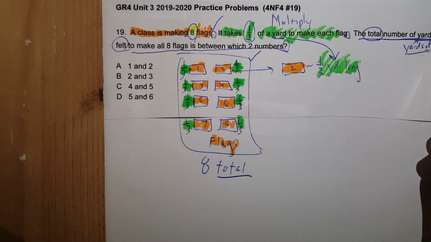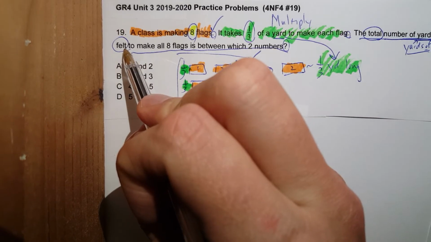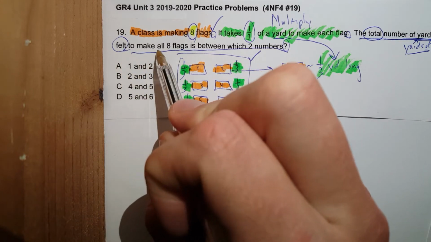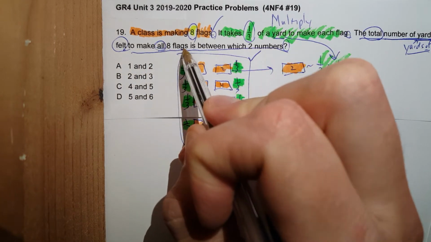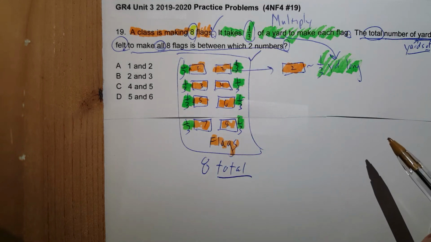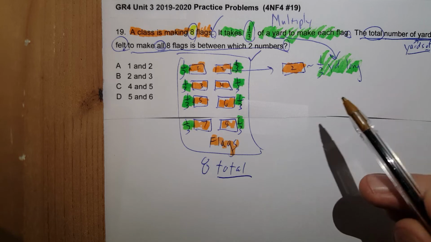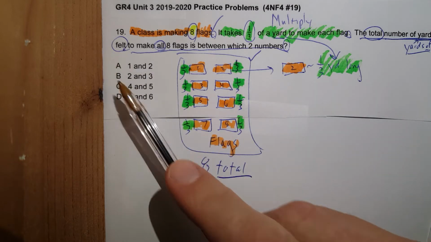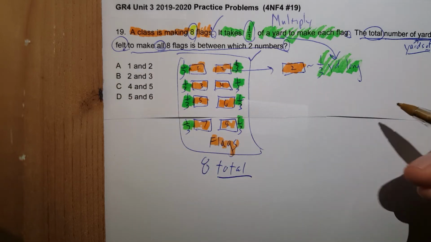The total number of yards of felt, again, that's the material used to make the flags, to make all 8 flags is between which two numbers? Now, it would be smart for the teacher and students to get enough material so they don't go back to the store twice. So you want the minimum amount, but of course, if you order too much, you're going to have just wasted felt. So here's how this problem works.